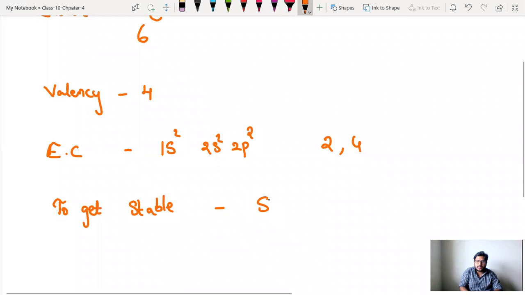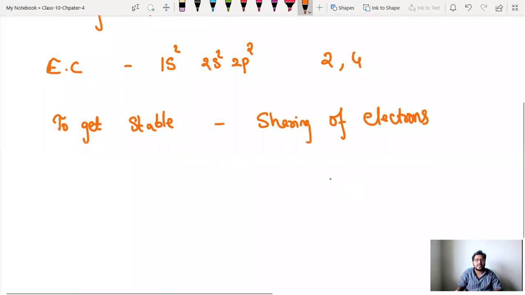Instead, it will go with sharing of electrons. Sharing of electrons, that bond means combining with other atom. Whenever you see bond, the word bond is nothing but combining. If one atom is combining with another atom, we can say one atom is bonding with another atom.